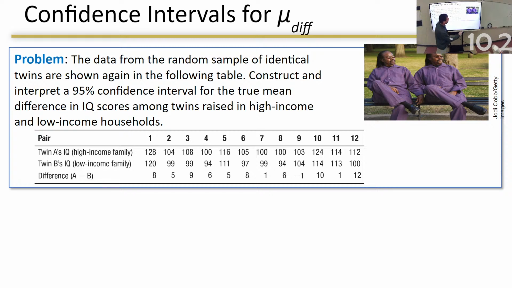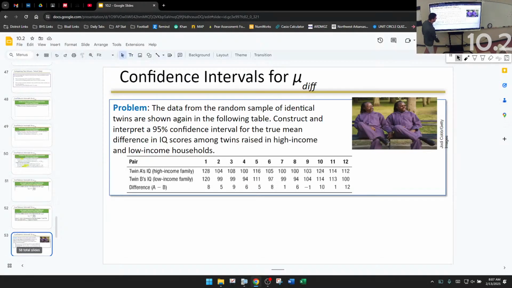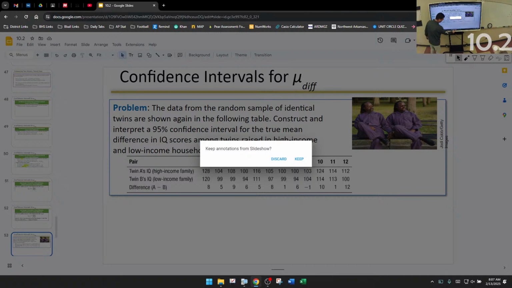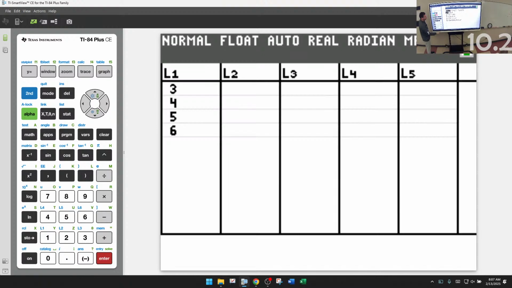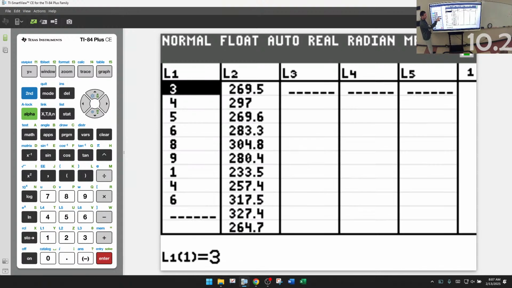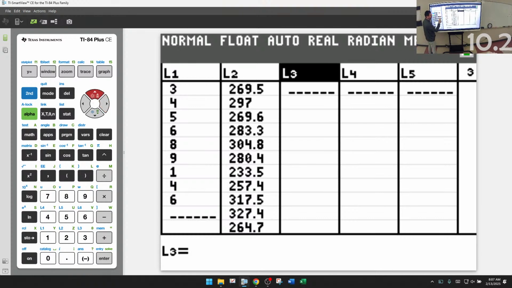Let me show you on a calculator real quick, just to show you the options you have. Stat, edit. You have to have the same number of data. I can't do L1 minus L2 here because it's going to give me errors, since I don't have equal data.